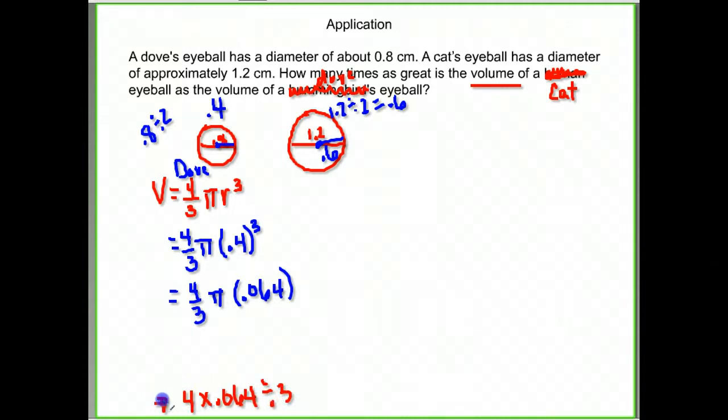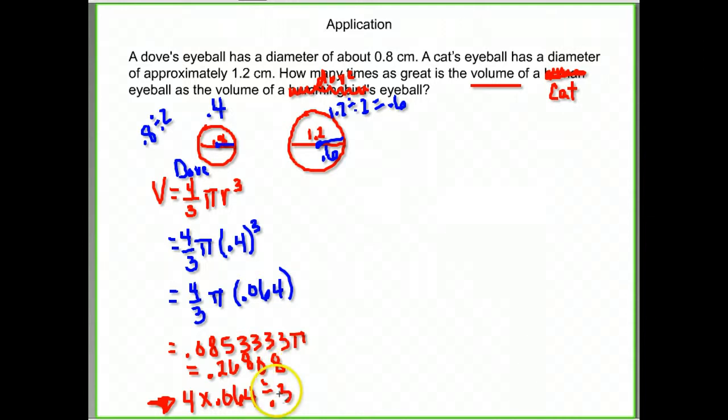So that's what you would put into your calculator. 4 times 0.064 divided by 3 gives me 0.085333 pi. Go ahead and multiply by pi and we'll have our answer for the dove. For the dove, the volume of its eye is 0.26808. I'm going to round it off right there.